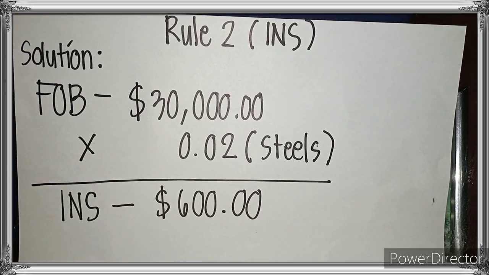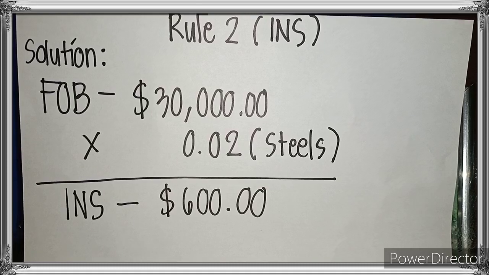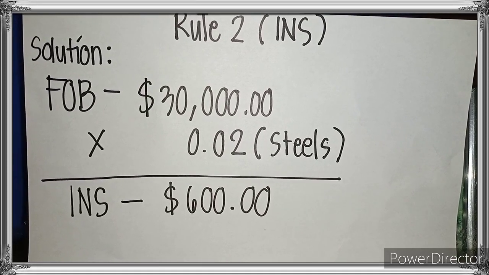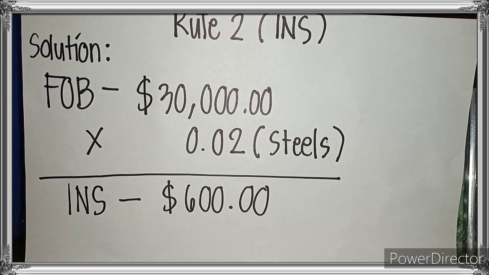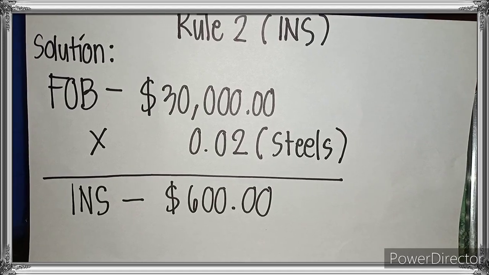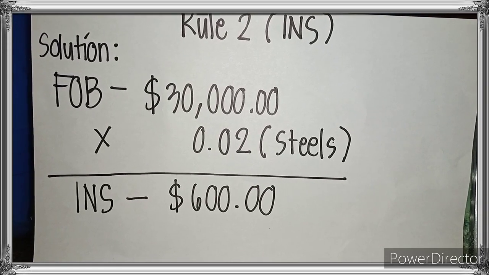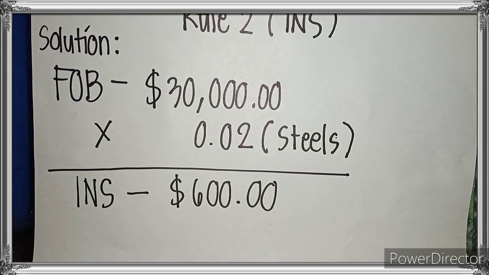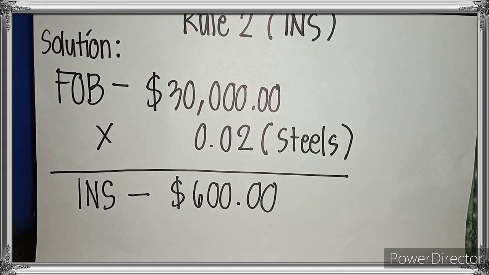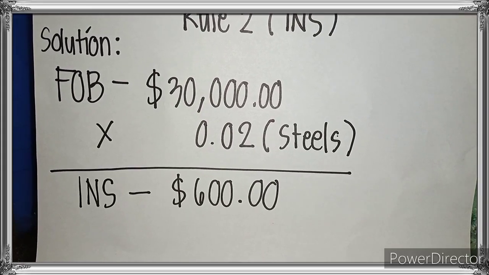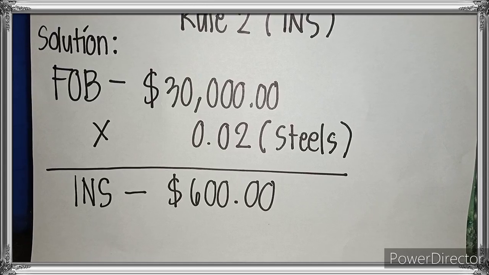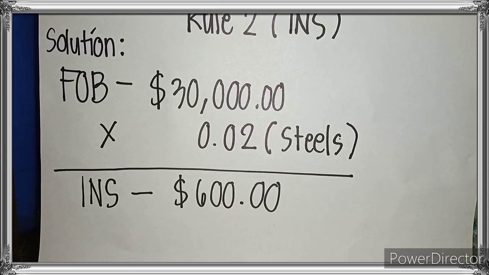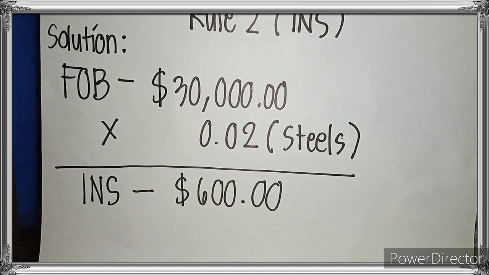As a solution, we have to multiply the FOB, which is $30,000 times 2% because steels are in the general cargo. Then we have here the answer, insurance is equal to $600.